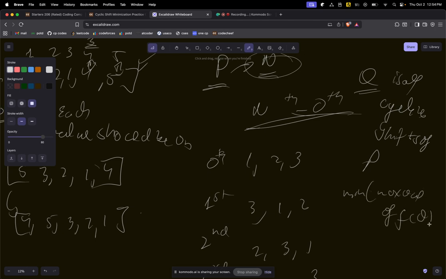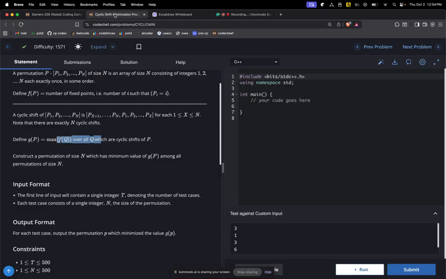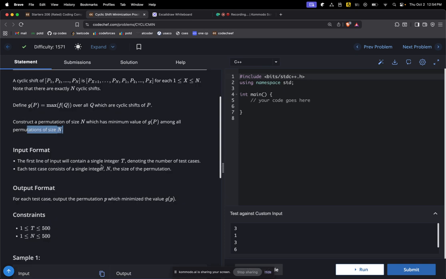So for all the cyclic shifts of P, we calculate the maximum value of f and we want to minimize this. Construct a permutation of size n which has the minimum value of g(p) among all permutations of size n. So you have to create a permutation of size n, for which, over all the cyclic shifts of this permutation, the maximum number of fixed points is minimum. I think it gets a bit wordy, but I think you should be able to understand.